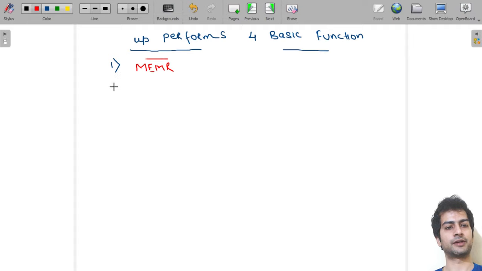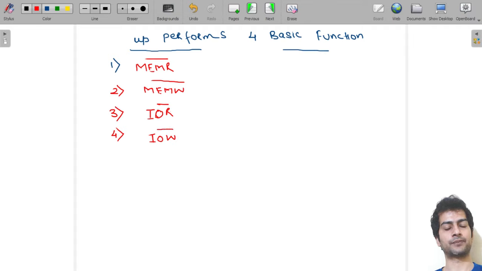One is memory read. Another is memory write, then input output read, and input output write.